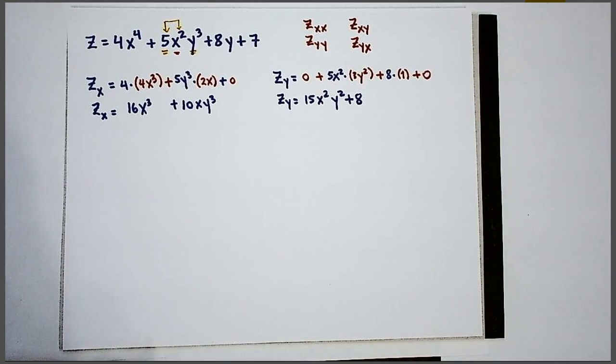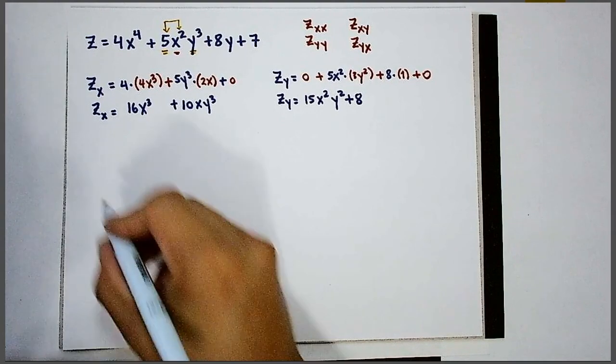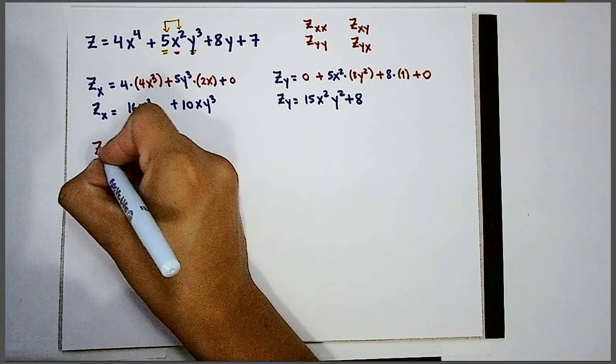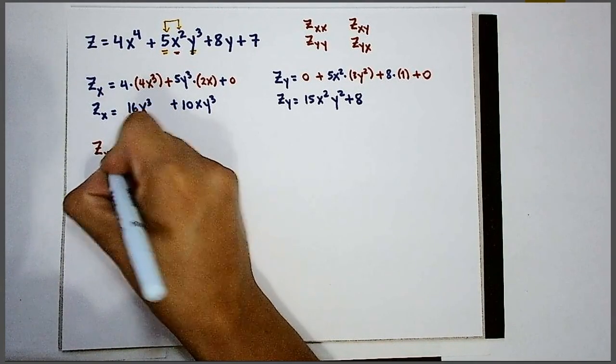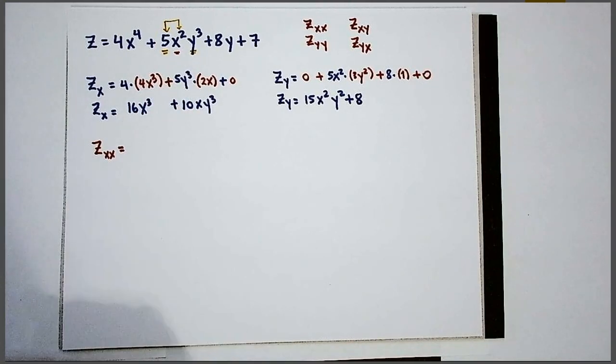Now we can proceed with zxx. This is the derivative with respect to x again.